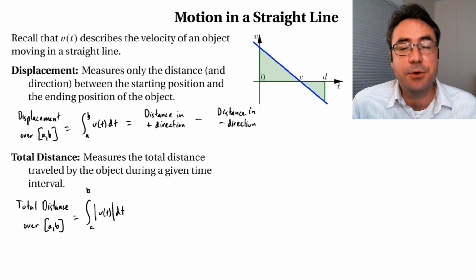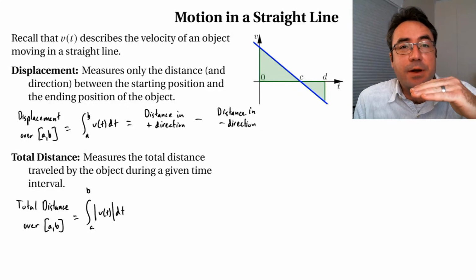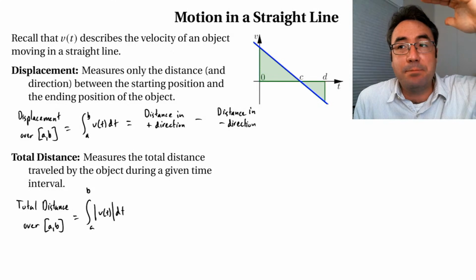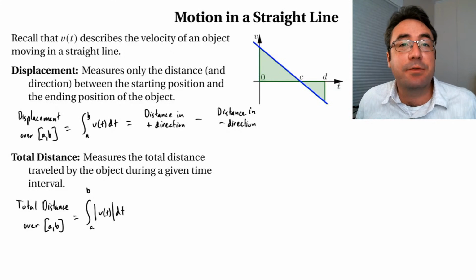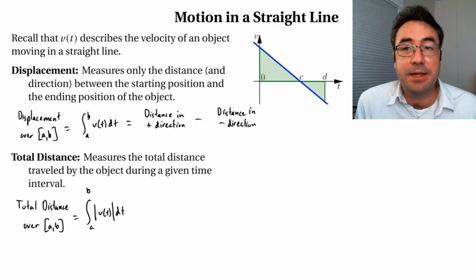So what displacement's doing is it's saying, okay, let's figure out how far we traveled going up, how far we traveled going down, and let's just subtract those two values, and that gives us the displacement.